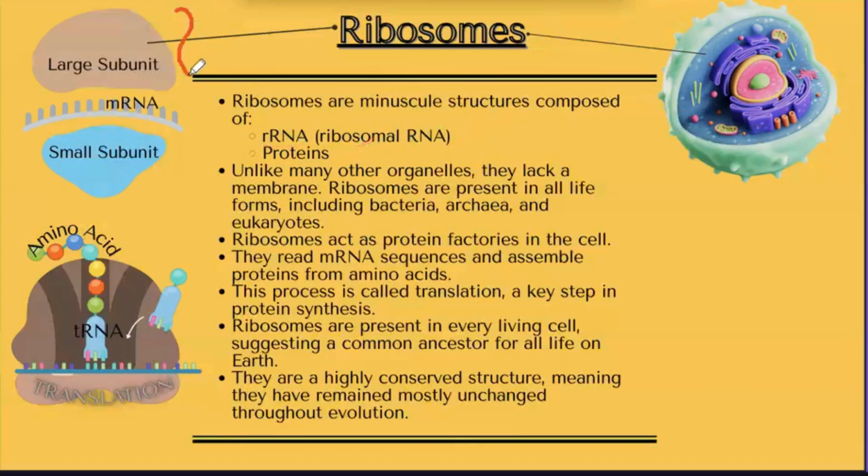Usually when we talk about the shape of ribosomes, they usually look something like this, where they have a large subunit and a small subunit. And ribosomes are very unique. You don't just find them in the eukaryotic cell, you can find them in bacteria, archaea, and other eukaryotes as well. So they are contained in other types of cells as well, which is why ribosomes are so unique.